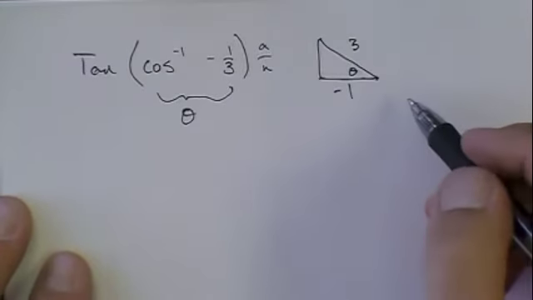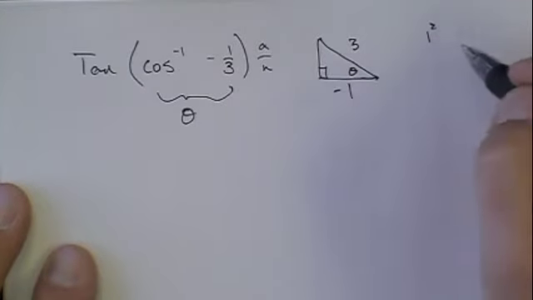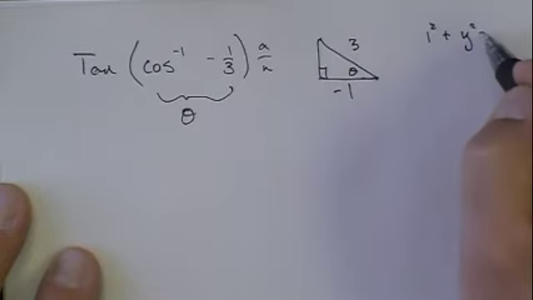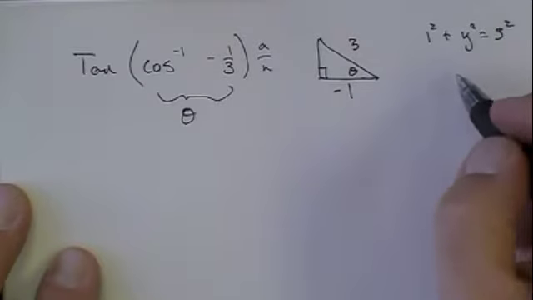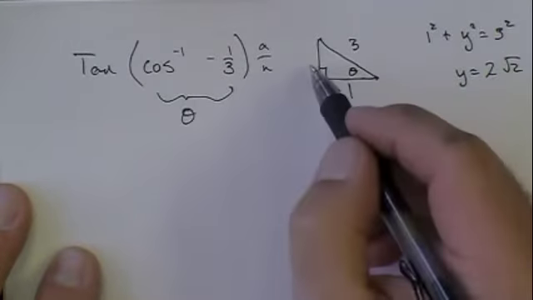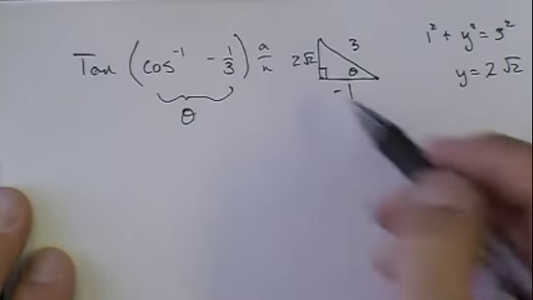Hypotenuse is 3. So again, we can find our third side of our triangle using Pythagorean theorem. We're going to again find that y is equal to 2 square root 2, and that is going up, so it's a positive value. So now we have our triangle.